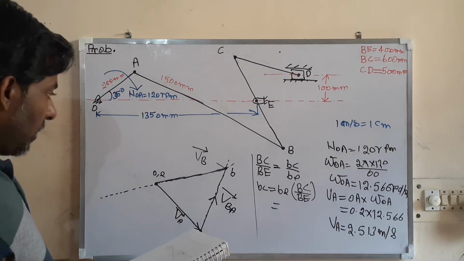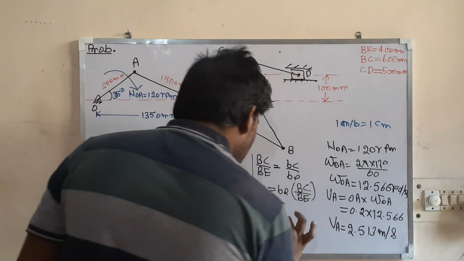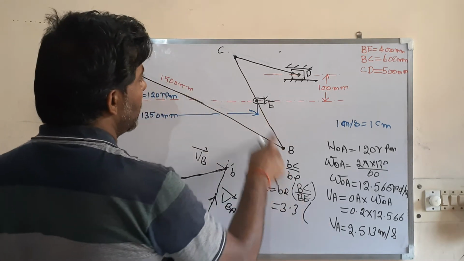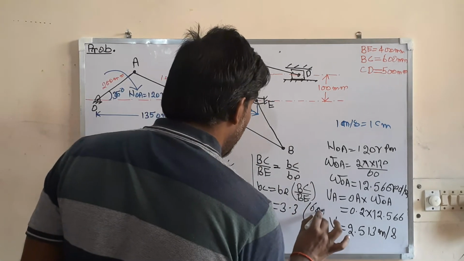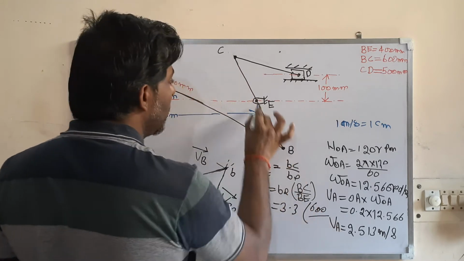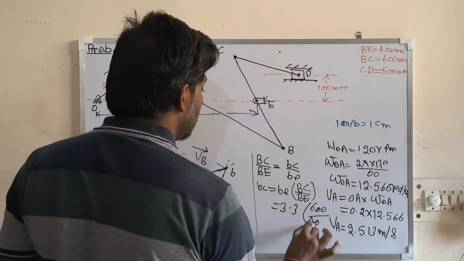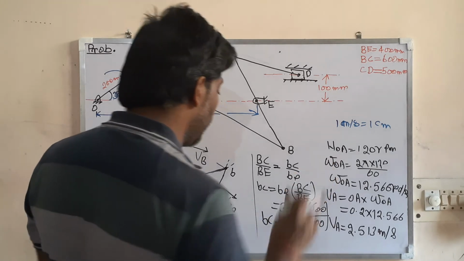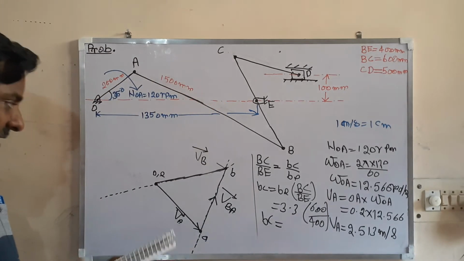This is 3.3. This is 3.3 and BC is equal to how much? This is 600 and this BE is equal to how much? This is 400. So you can calculate how much is the value of bc.